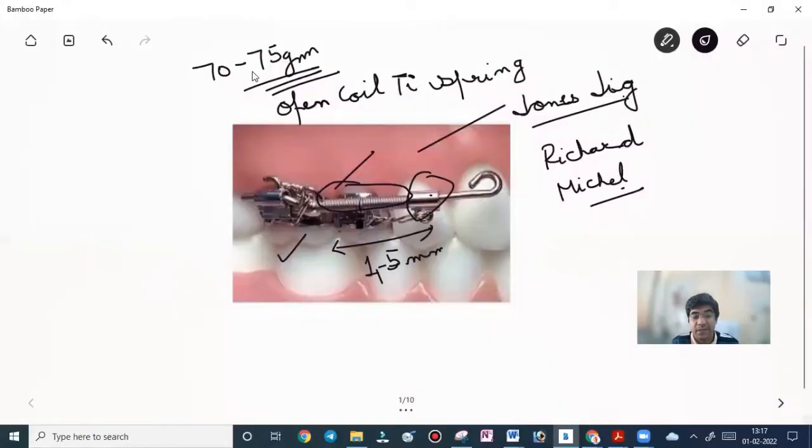Why do we prefer Jones jig appliance? The most common advantage is that the extent of forward movement of anterior teeth while using this appliance is very minimal. It can be used without need of full banded upper arch.